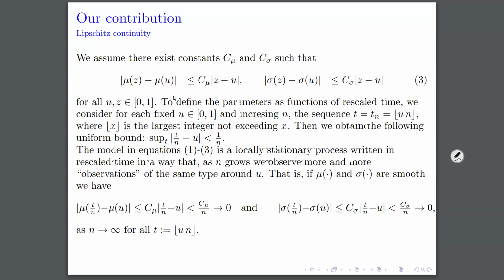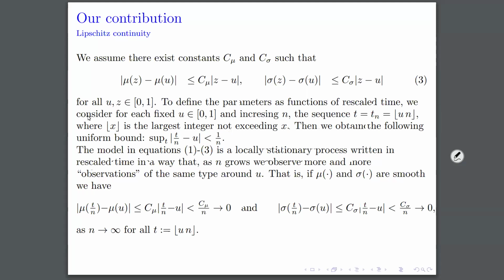We define all these parameters as functions in a rescaled time framework. For the real time index t, we can construct the sequence T_n, which is equal to floor of u times n, where u is a real number between 0 and 1. With this representation, we can naturally obtain the following uniform bound: the supremum of the difference between t over n and u is less than 1 over n.